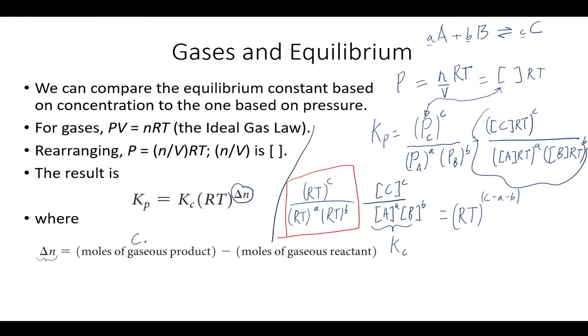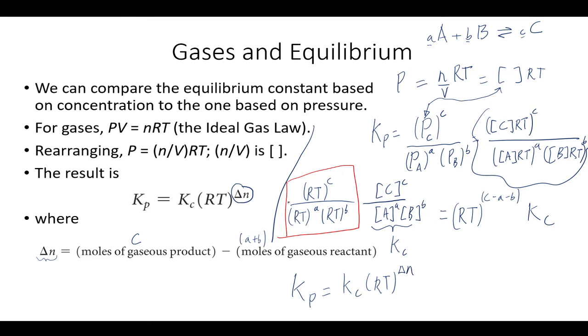Moles of gaseous product, C, minus moles of gaseous reactant, A plus B, gives me C minus A minus B. That's exactly what I've written here. And so therefore we've derived this relationship: Kp equals Kc RT to the delta n.